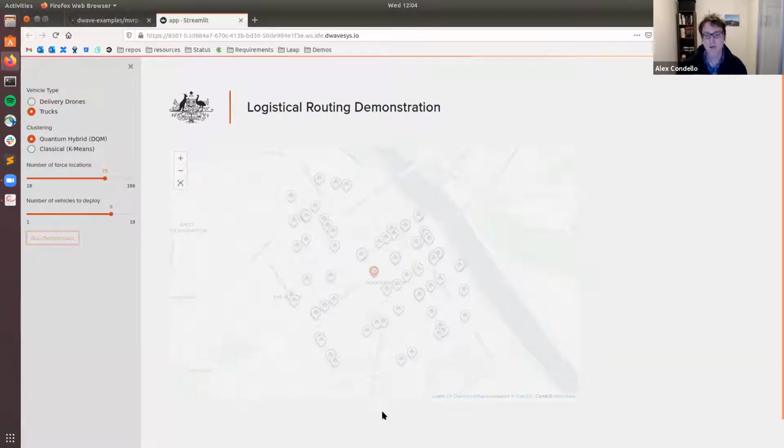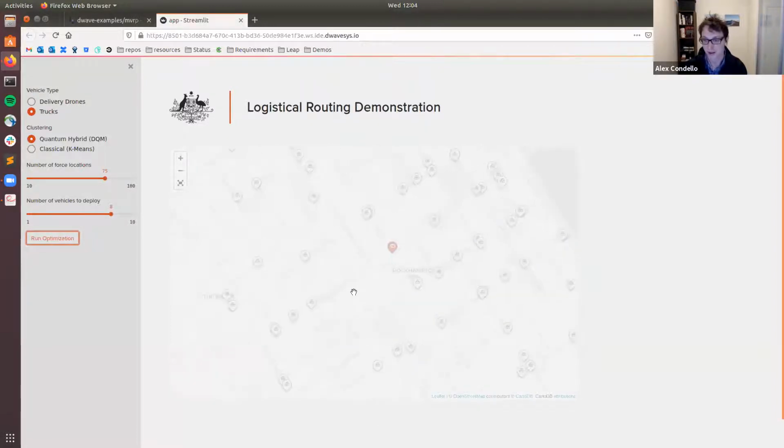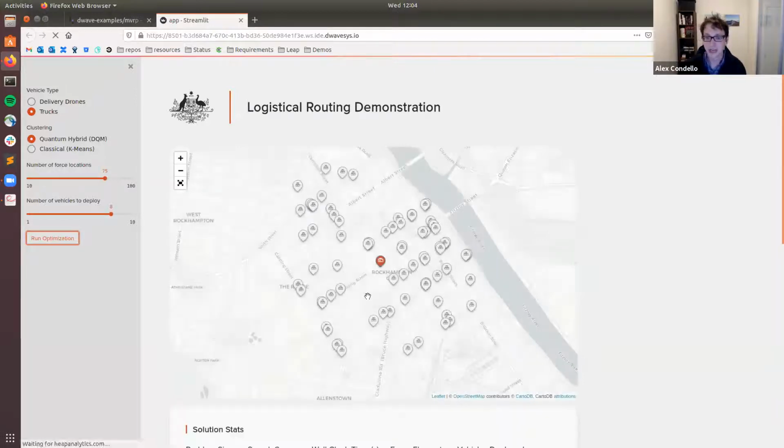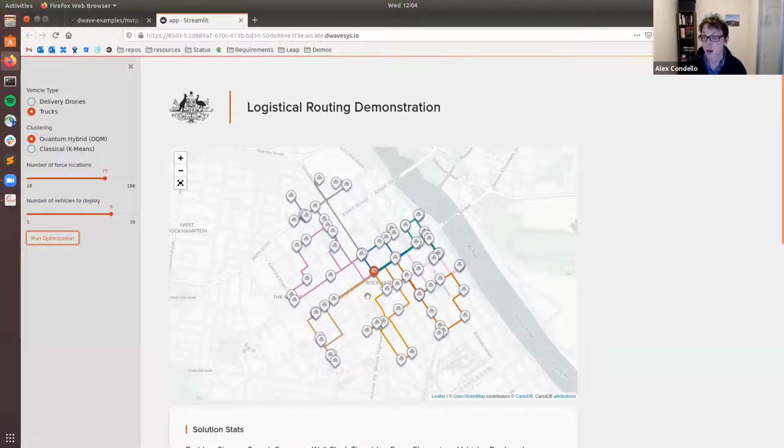Now, this problem's quite a bit harder because we're using a real image here of Rockhampton, a city in Australia that we used because we were working with our friends in the Australian Department of Defense on this project. And so trucks have to follow street rules. In an emergency preparedness situation, they might have to follow one-way streets. Or in a battlefield situation, you might imagine that there's rubble on the streets or different things that can increase the complexity of this problem.